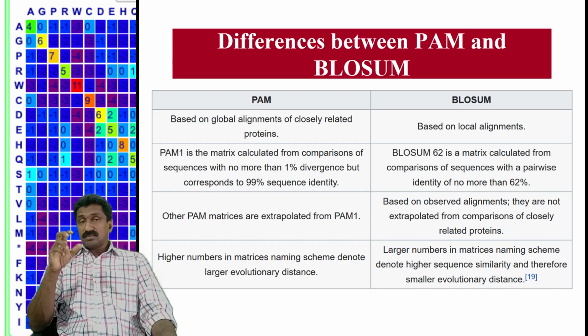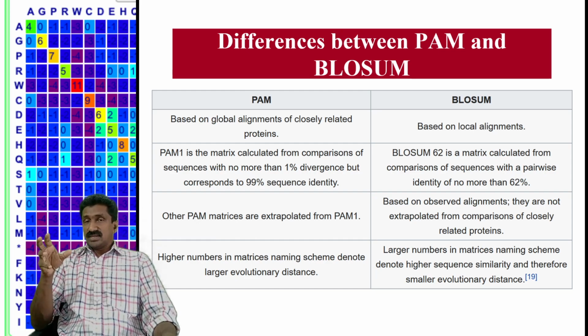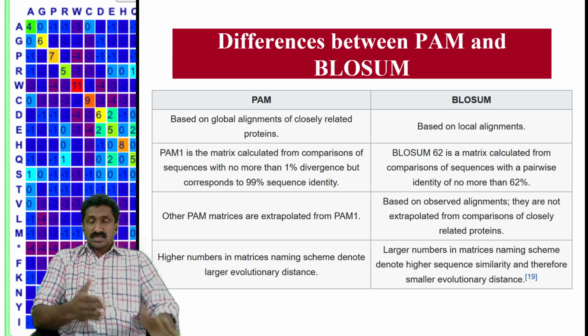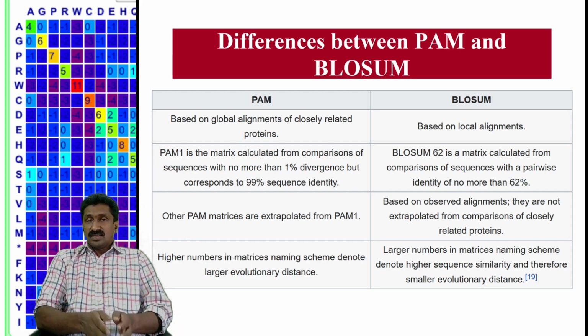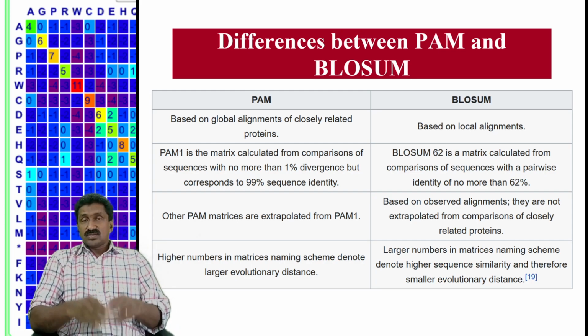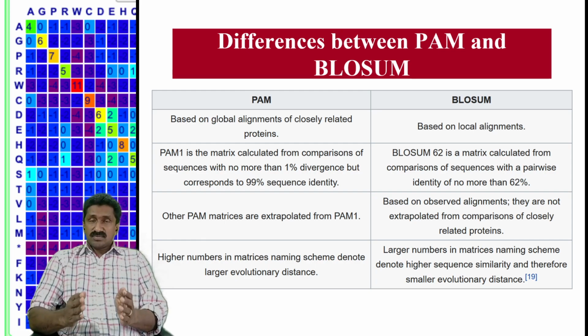Those other PAM matrices, PAM100 or PAM250 and so on, are extrapolated from PAM1 using the same concept, whereas BLOSUM is based on observed alignments, not extrapolated from comparisons of closely related proteins. PAM is calculated using the same algorithm: if there is one mutation per 100, then that is PAM1; if there are 50 mutations per 100, then that is PAM50; if there are 250 mutations in a sequence of 100, then that is PAM250.